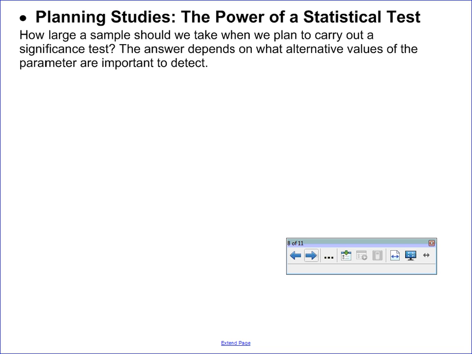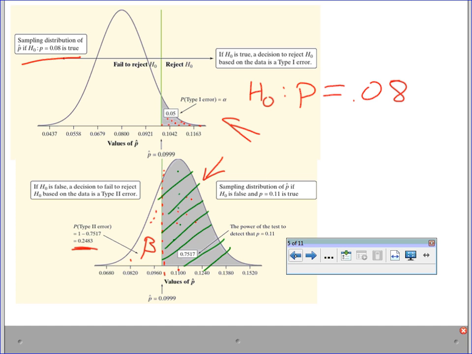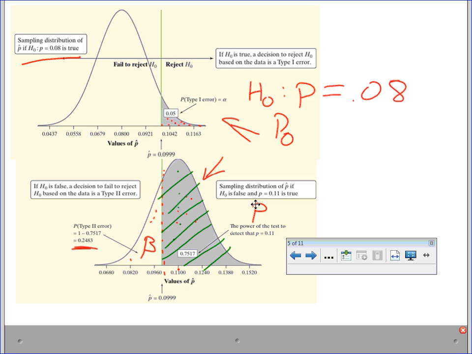And so when you do, there are two things that increase the power of the test. If we go back to this thing, and we did this hopefully a little bit in class if we had time, the further away the actual value is from the null hypothesis value, as this graph slides to the right, the power of the test will increase.